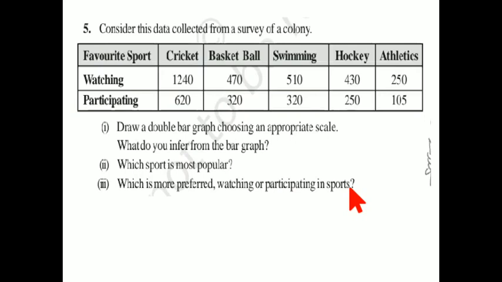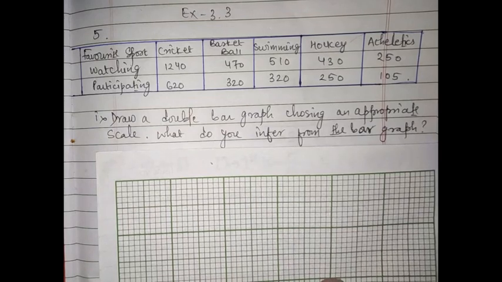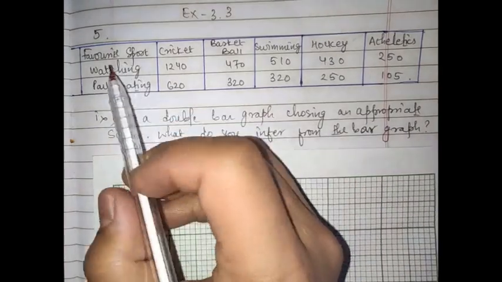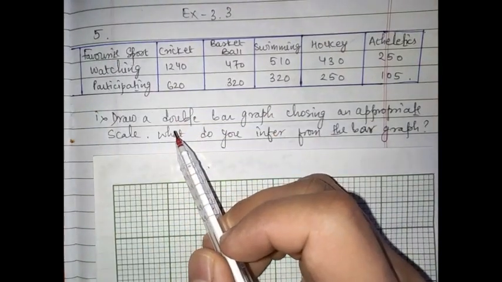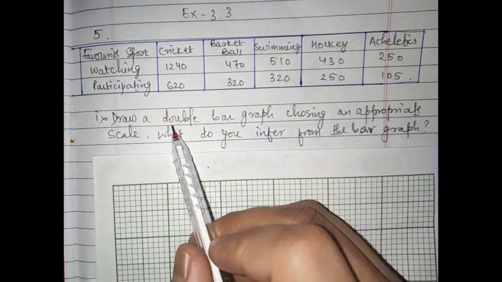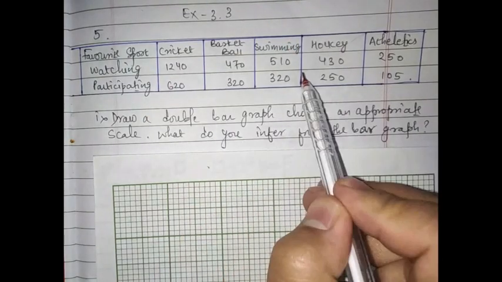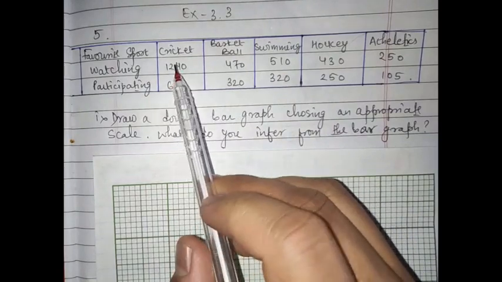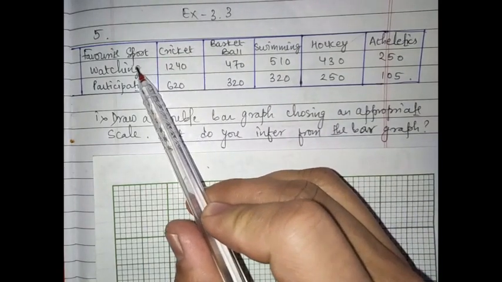You have to make a double bar graph looking at this data. In the x-axis we will keep the sports, and in the y-axis we will keep the number of people.